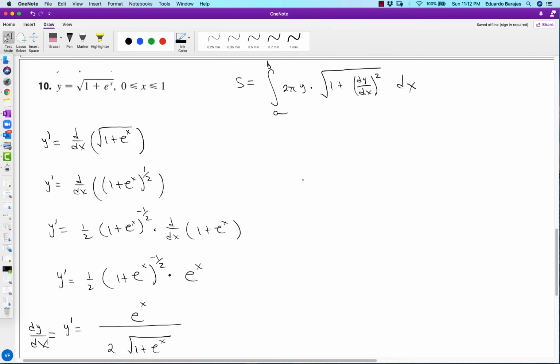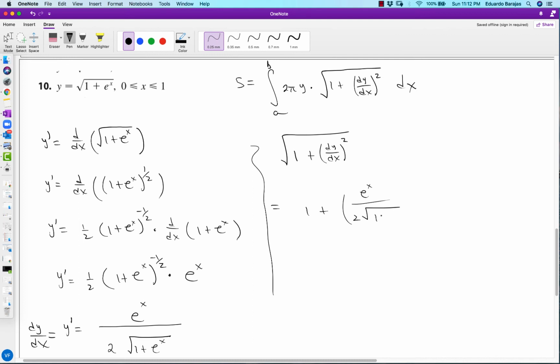So now let's figure out what this part is right here. We need to find the square root of 1 plus the derivative squared. So let's see, the square root of 1 plus (dy/dx) squared is equal to the square root of 1 plus, and then the derivative we just said was e to the x over 2 times the square root of 1 plus e to the x, and then that whole thing gets squared, inside this root, which then becomes, well, there's two of these, we're squaring this guy, so it becomes 1 plus e to the 2x divided by 4 times (1 plus e to the x).